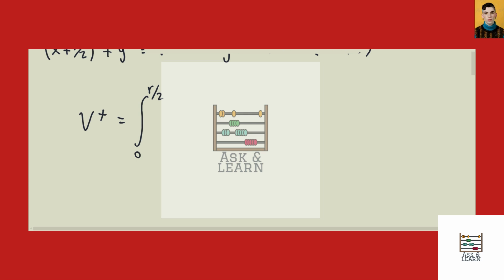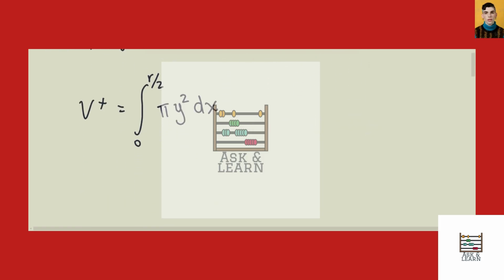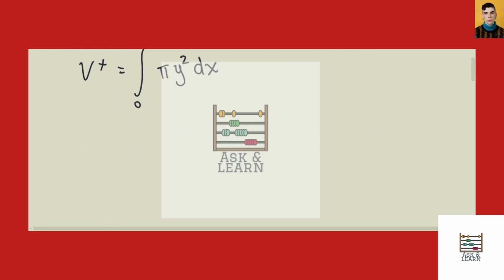This should be the integral of the area, in this case pi times y squared, integrated by delta x because we have set the endpoints in that component.